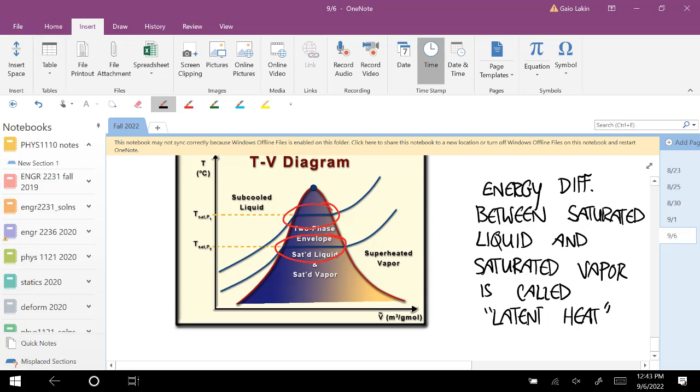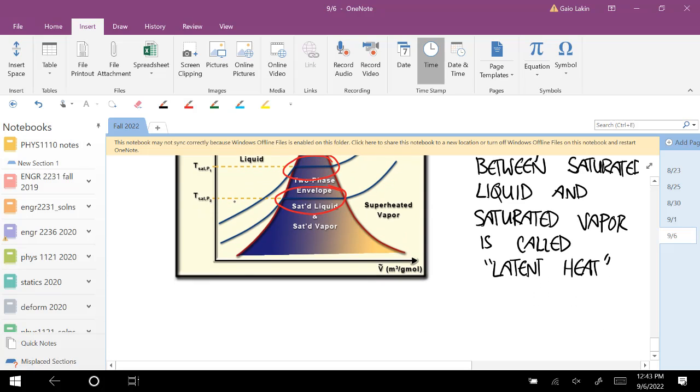Okay, that's the amount of energy that you can add to that material without changing its temperature.